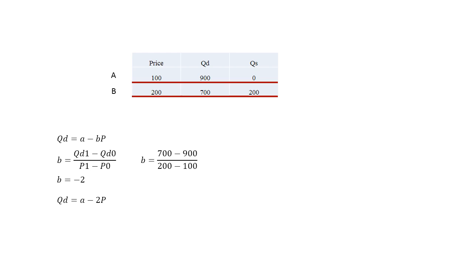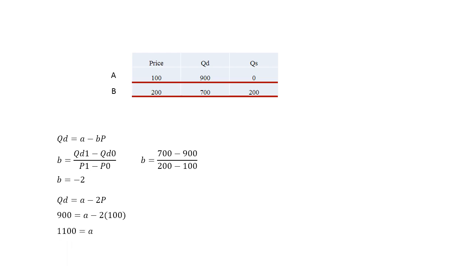Then you will get QD is equal to A minus 2P. You can choose either point A or point B. If you choose point A, it means quantity demanded is equal to 900 and the price is equal to 100.